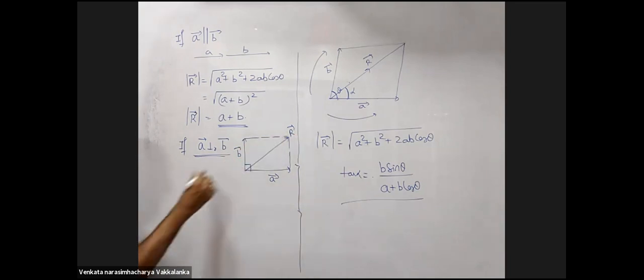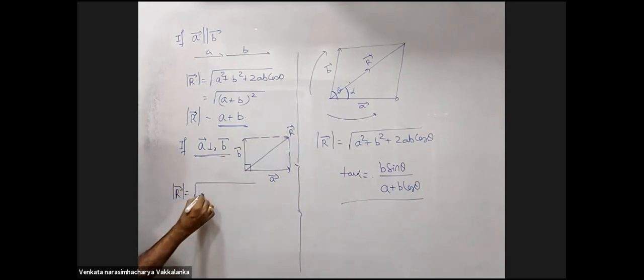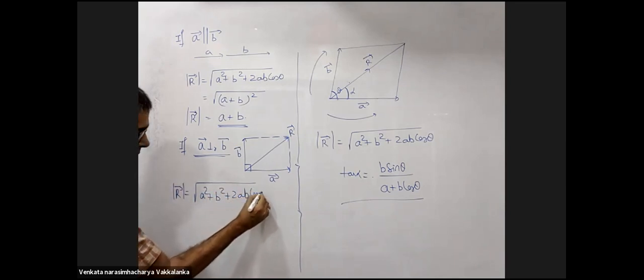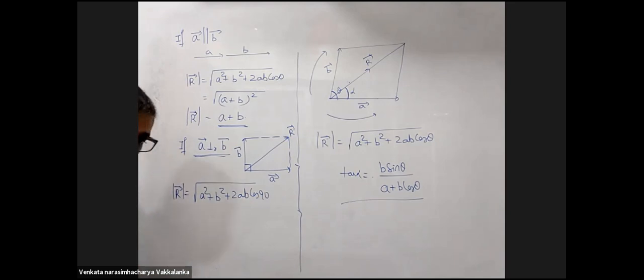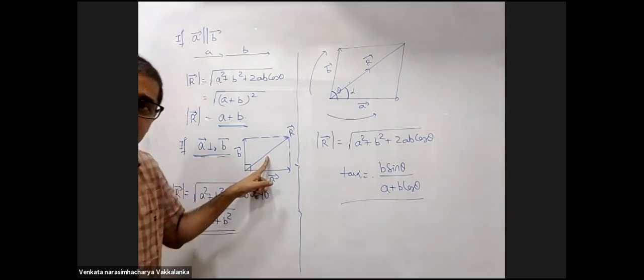If I apply the formula, R is root over of A square plus B square plus 2AB cos 90. How much is cos 90? 0. So this will be root over of A square plus B square.